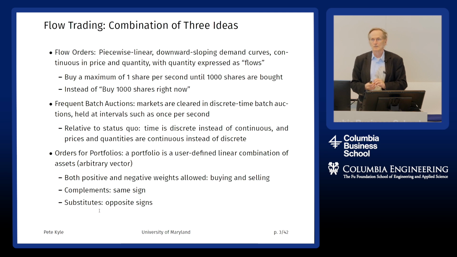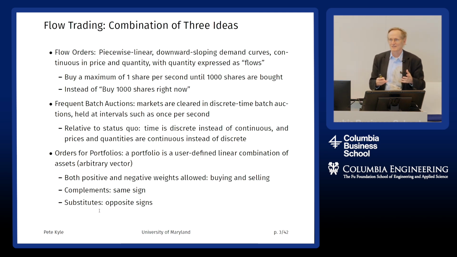And second of all, we're going to allow the orders to be executed continuously, more or less, through time. In today's presentation, we're going to think of time as passing in seconds. So continuous means in 1 second intervals.